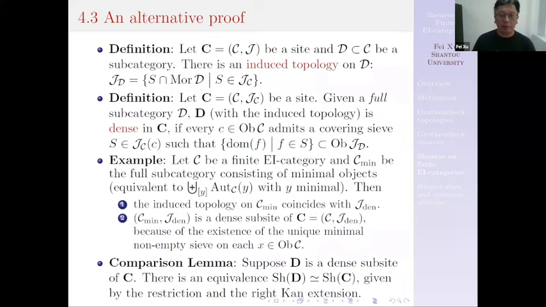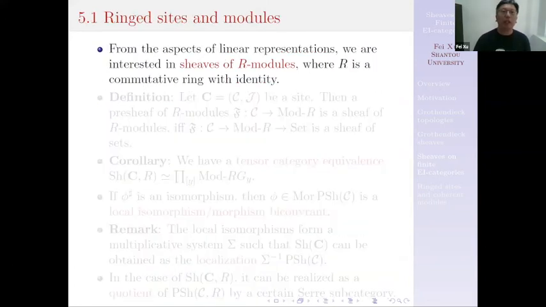For us, of course, this is nice because we're going to work with a finite category and finite representations. So far, I have only spoken about sheaves of sets, but we are interested in linear representations, so we have to do a little bit more.